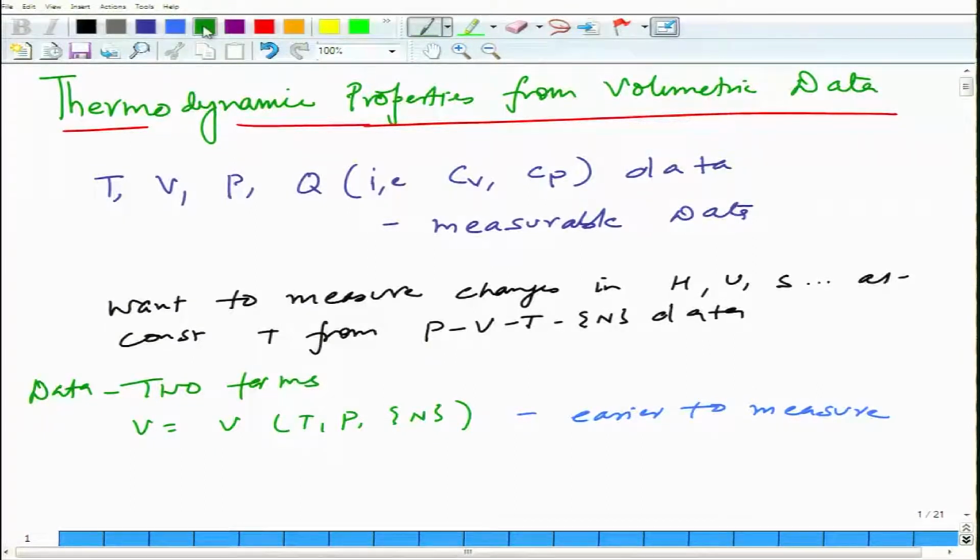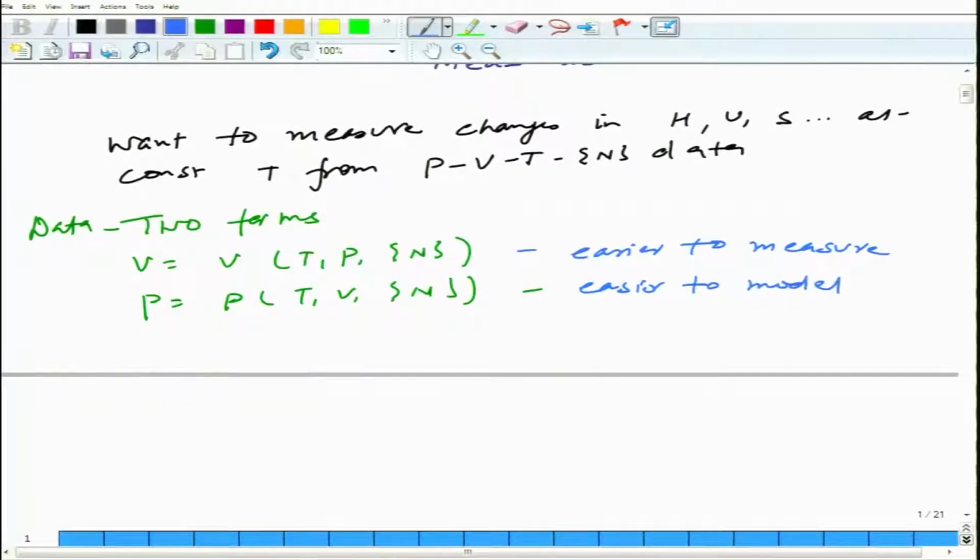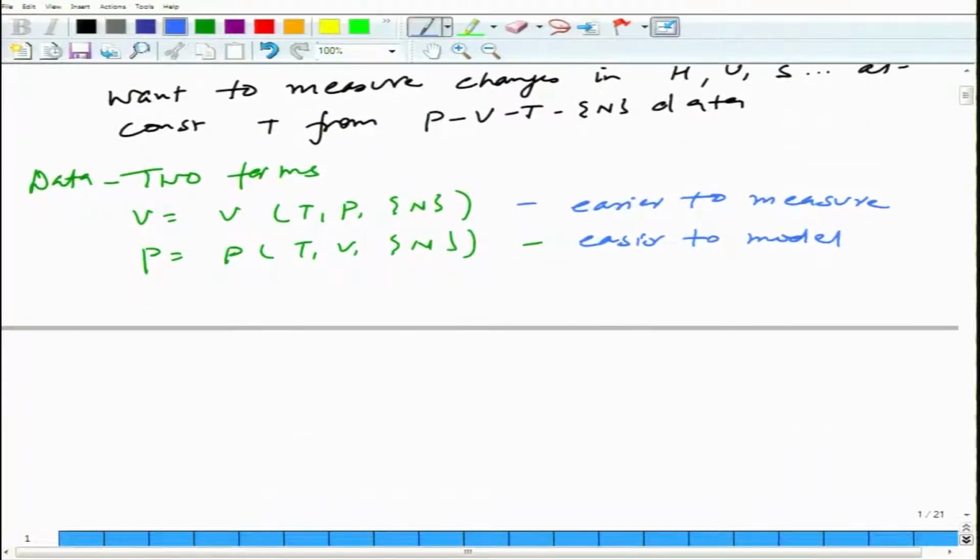Another case is pressure as a function of T, V and N, which is easier to model. That means for the second one we can make use of the ideal gas, for example, or some equation of state, and thus we can use this data to model such systems.